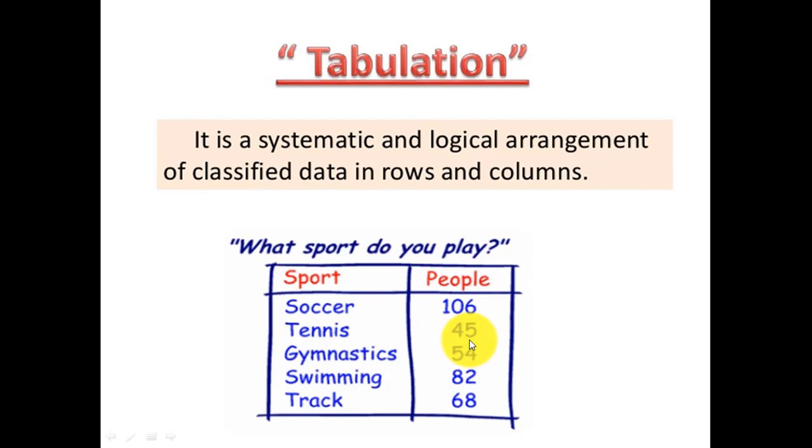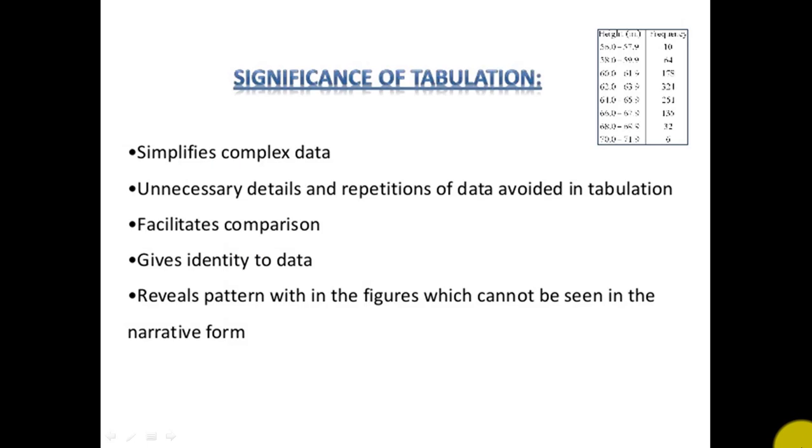Now, what is the significance of tabulation? It simplifies complex data. Unnecessary details and repetition of data are avoided in tabulation. It facilitates comparison and gives identity to any kind of data. It reveals patterns within the figures which cannot be seen in narrative form.